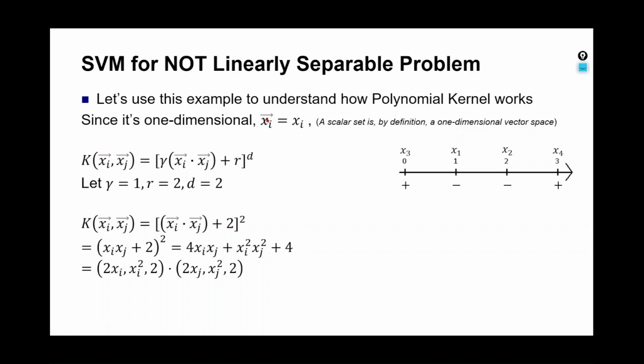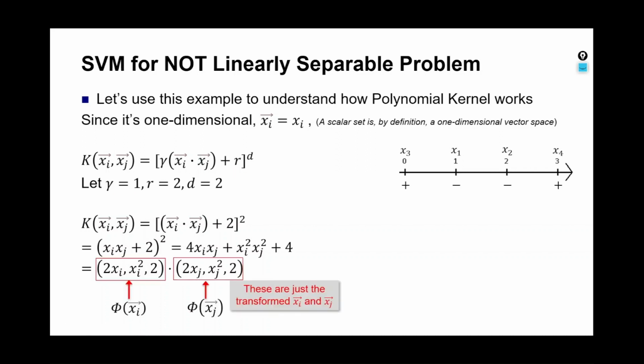Then let's give some numbers for this polynomial kernel function. Let's define gamma as 1.